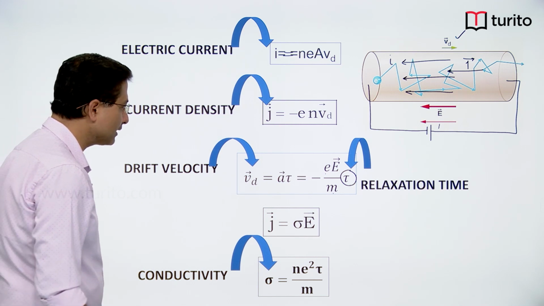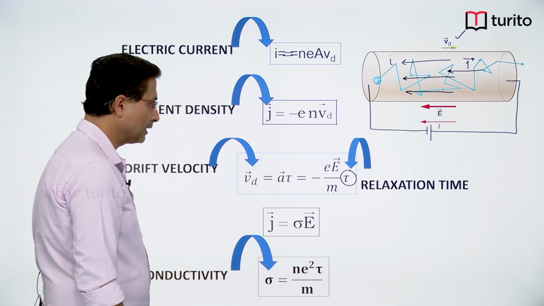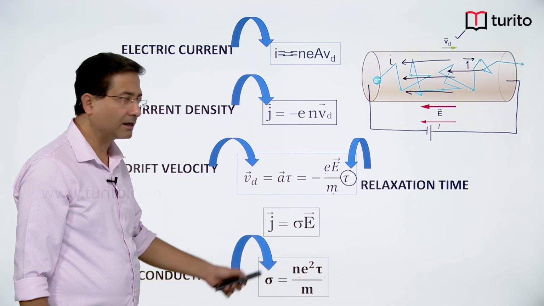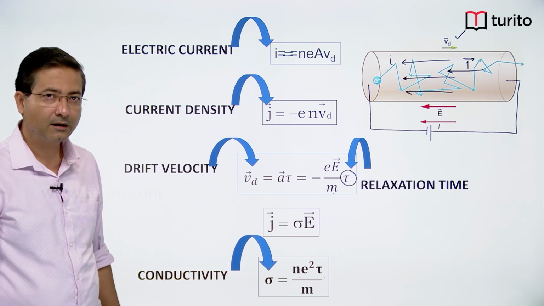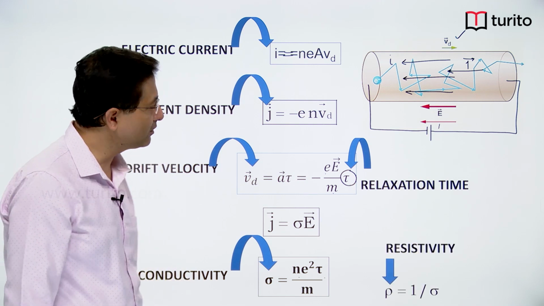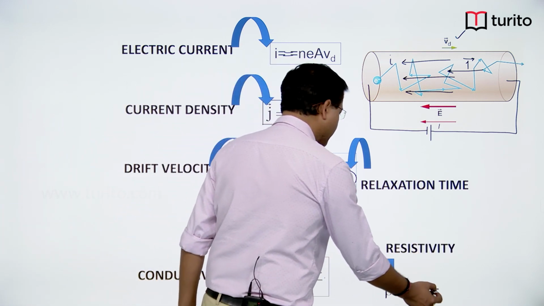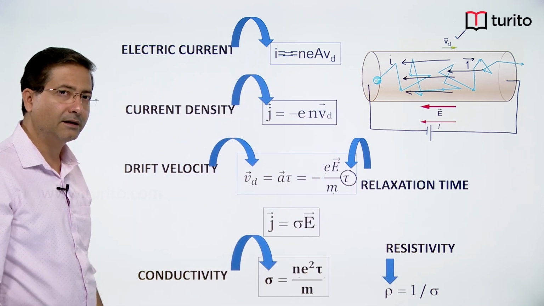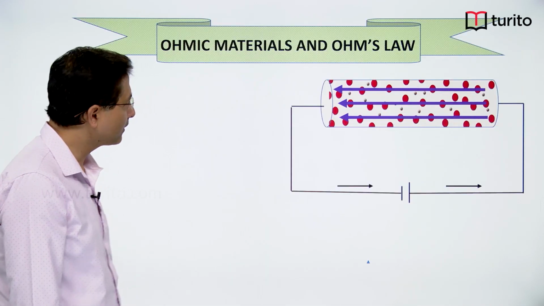So, for a given material, the number of free electrons per unit volume will be known, relaxation time given, you can substitute here and you can find out the conductivity of the material. Conductivity of a material is the reciprocal of resistivity, so resistivity of the material is 1 upon conductivity. So, this is what we did in the last class. Let us see what we have today.